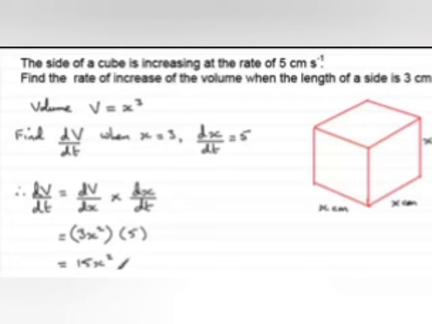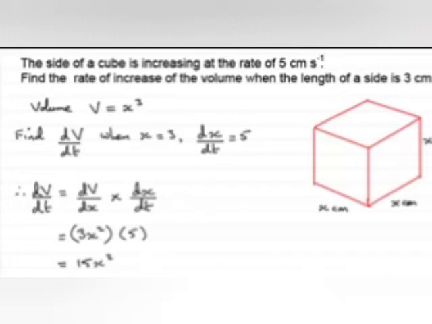So what becomes our answer? It will be 15x squared. But remember, our x is equal to what? Our x is equal to 3, because we are given in this question that x is equal to 3. So we are going to be substituting x in our dv/dt now.